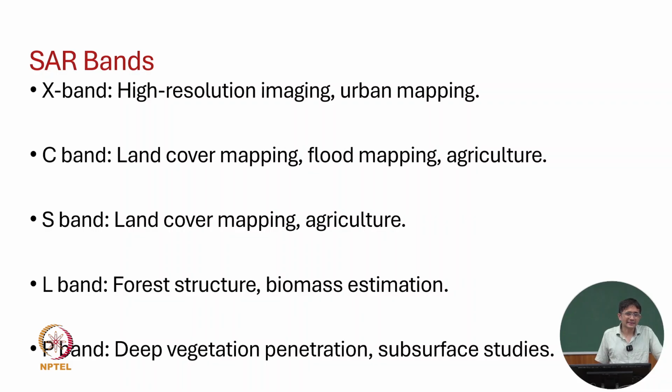So with these different band applications, the dominant ones that I have listed here, it's probably not that difficult to guess which bands are more penetrating, like I mentioned before. Some of them penetrate the vegetation. So which bands satisfy those properties and which bands do not so much?